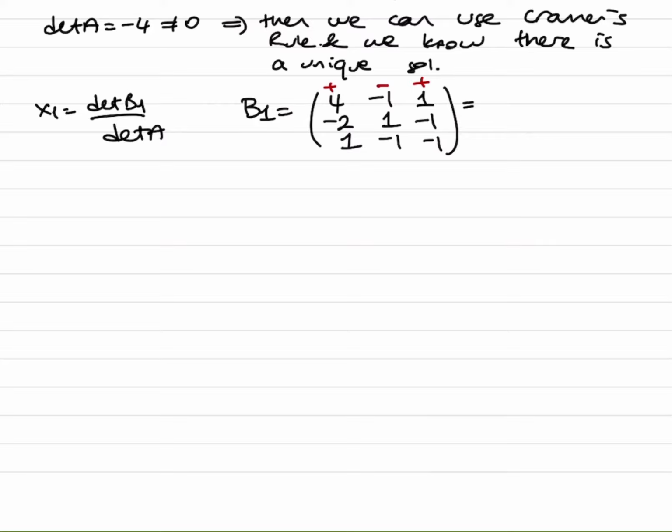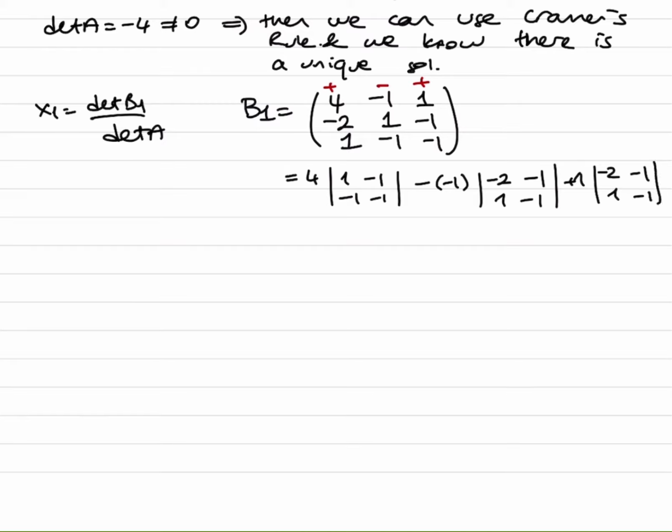So this is 4 times (1 - 1), (-1 - 1), minus 1 times (1, -1), plus 1 times (-2, -1), (1, -1). Okay, what is this? It is minus 1, minus 1, 2, minus 1, it is plus 1, plus 1, 2 minus... okay, you know how to compute.